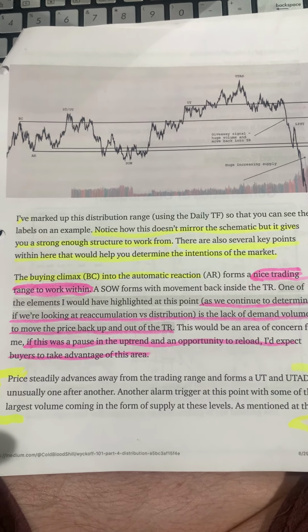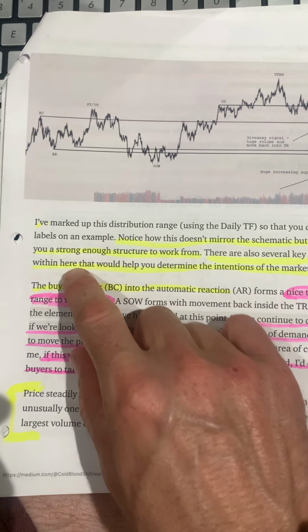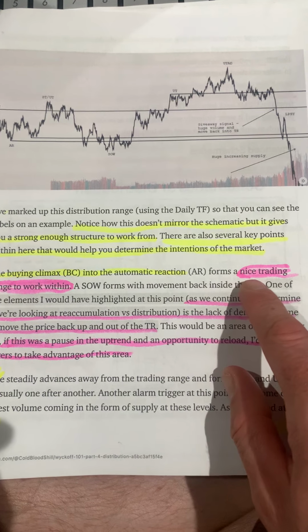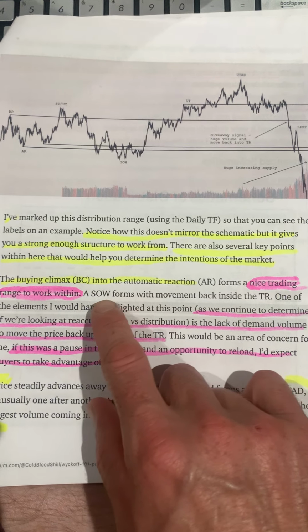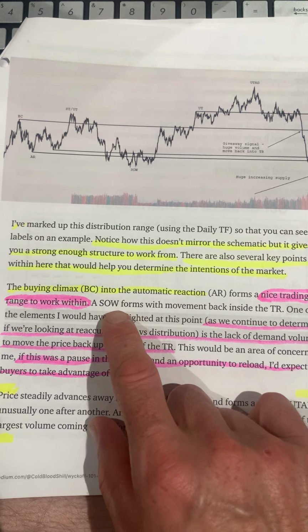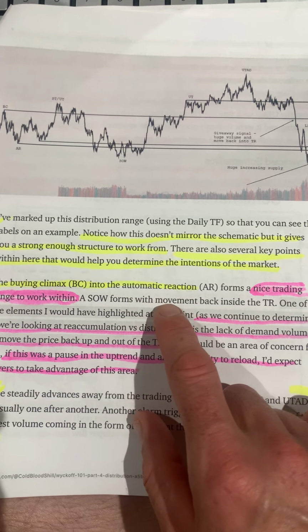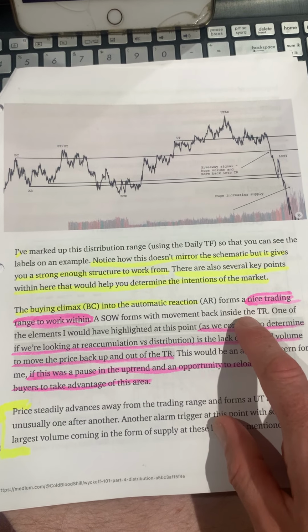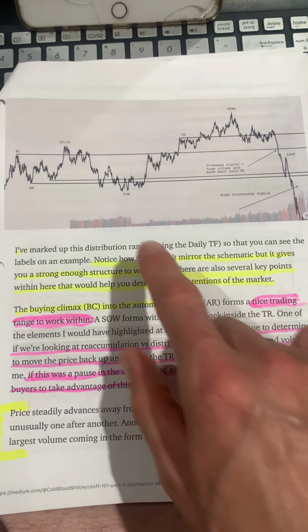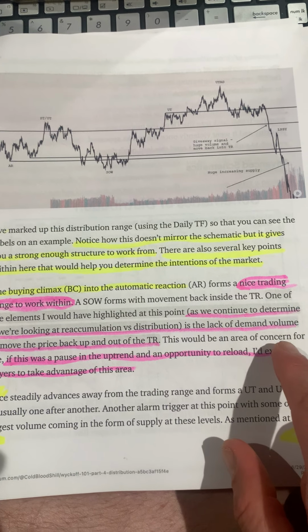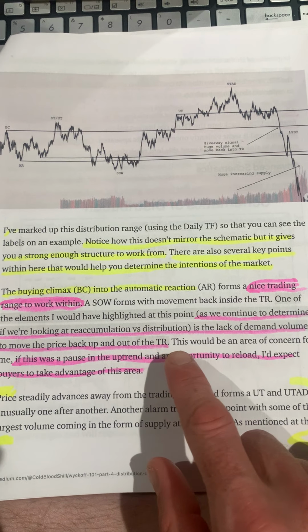Okay, so the buying climax, BC, into the automatic reaction, AR, forms a nice trading range. A SO, or I forgot what it stood for, forms with the movement back inside the TR.